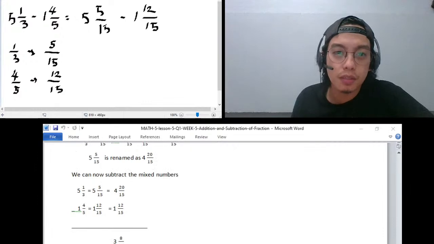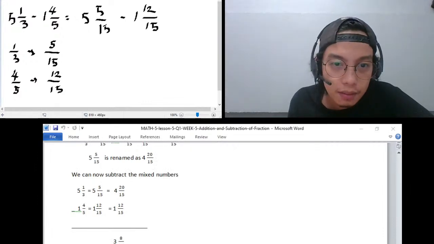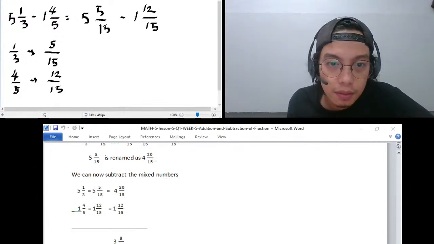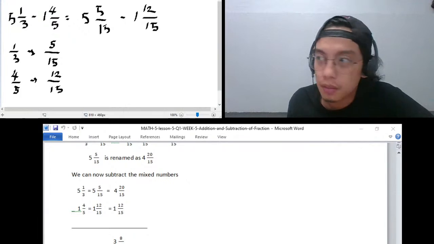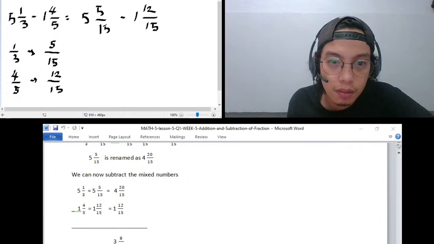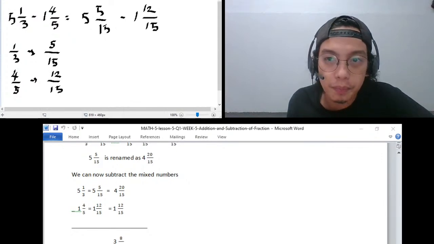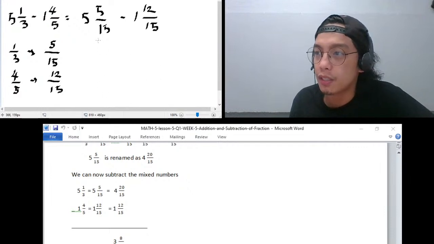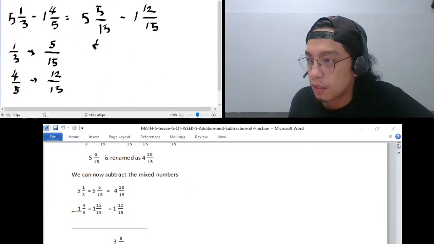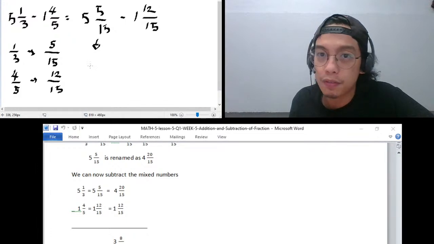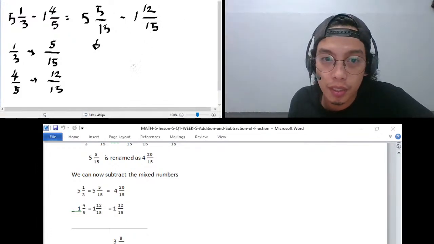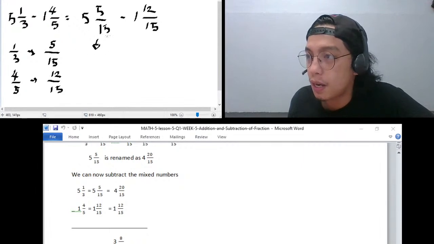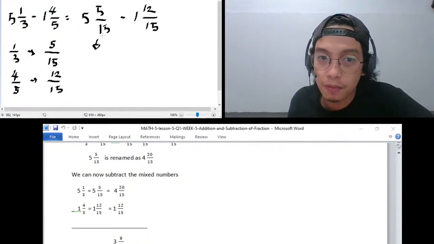Okay, so what they did is after that, they converted this 5 and 5 over 15 para ma-minus siya kay bigger man ang 12 over 15. They converted this whole part here, 15 over 15.